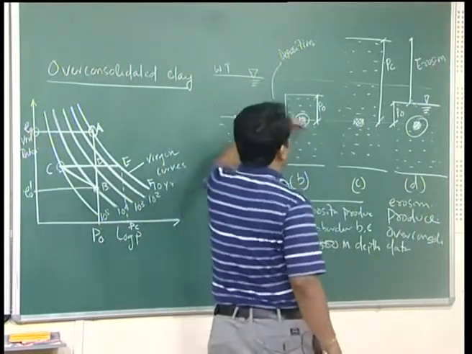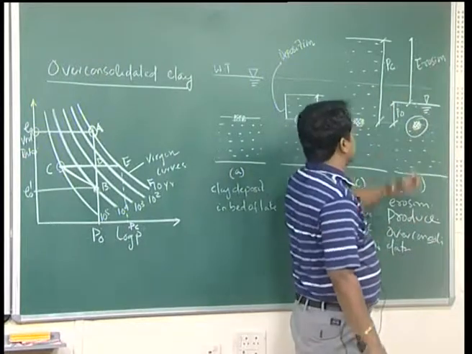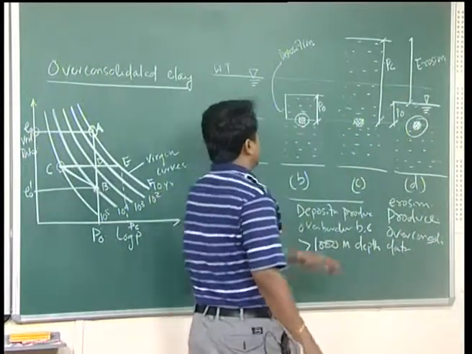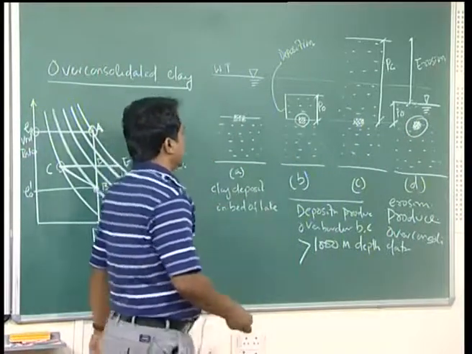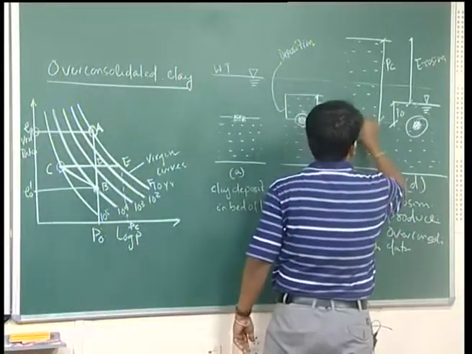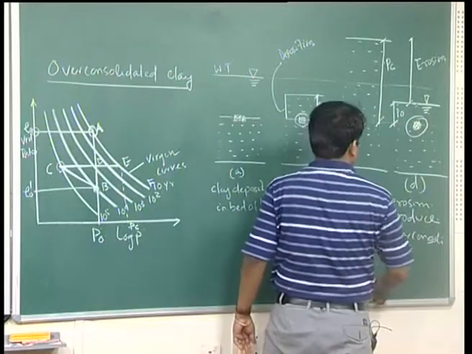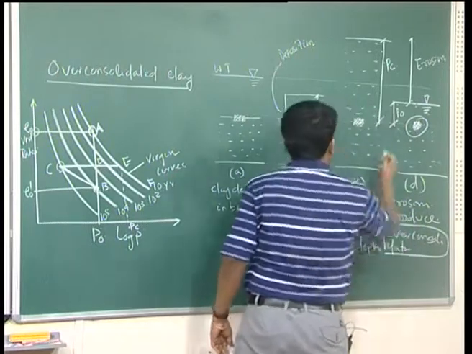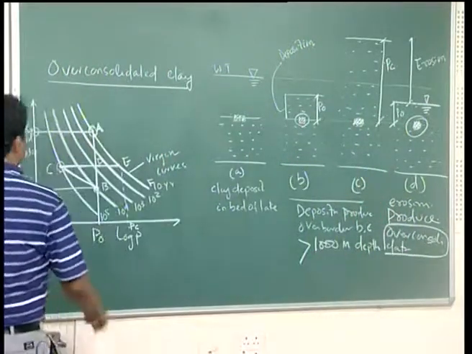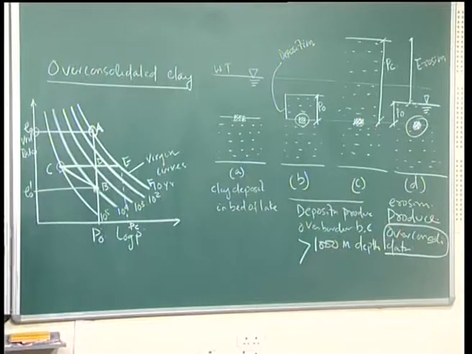All of a sudden the water table comes down and erosion has occurred. The clay deposit was already consolidating previously, so an over consolidation condition is there. Once you have taken this clay sample, this is how it behaves. Now you have to look at the effect of over consolidation on shear strength.